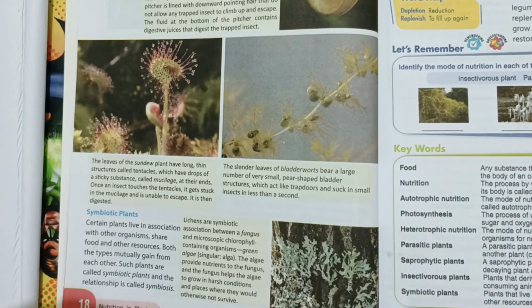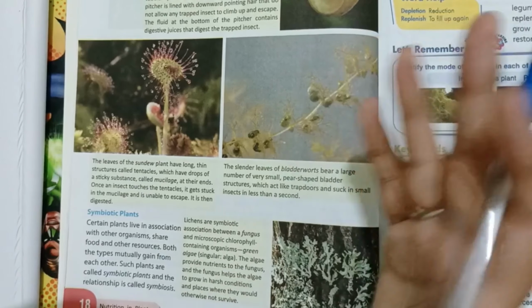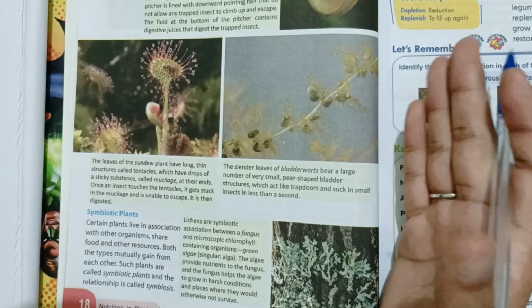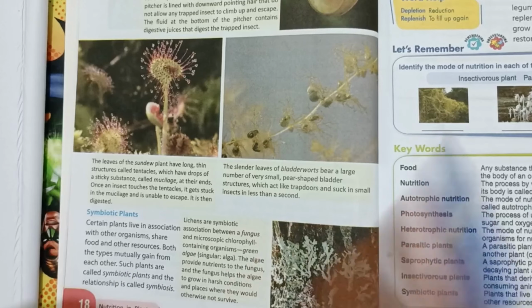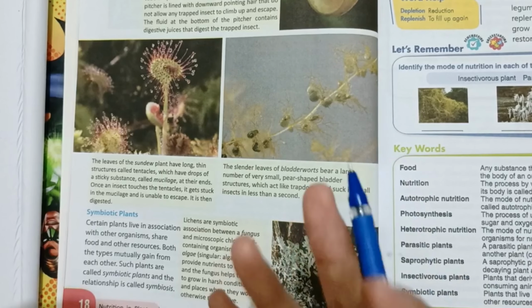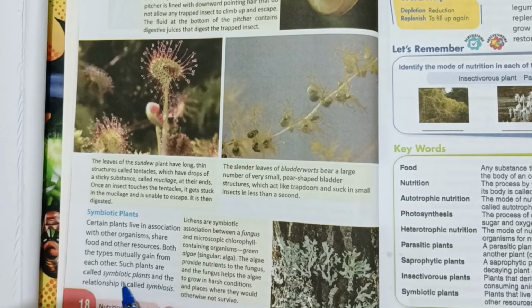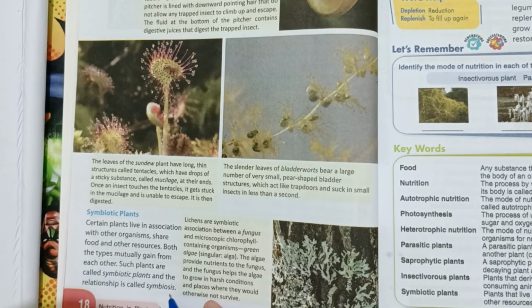There is a sharing of food and other resources, and there is no harming here, unlike in the case of parasitic plants. Both of these plants mutually gain something from each other. Such plants are called symbiotic plants and the relationship is called symbiosis.